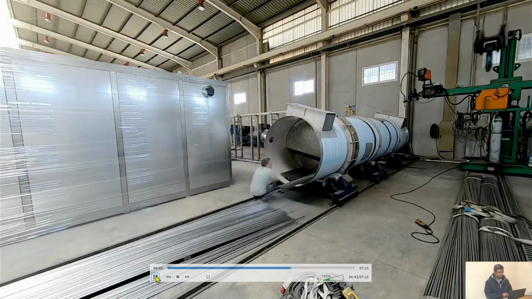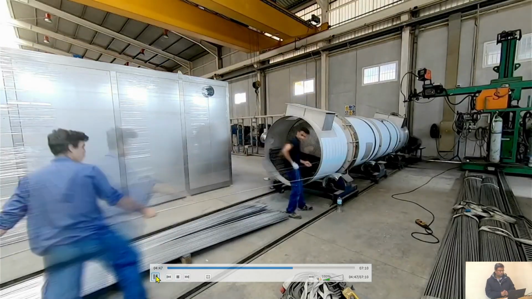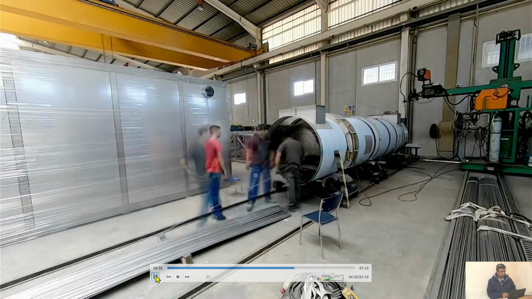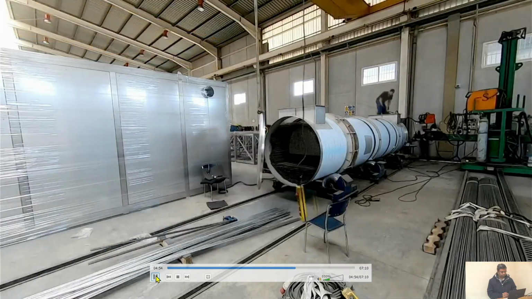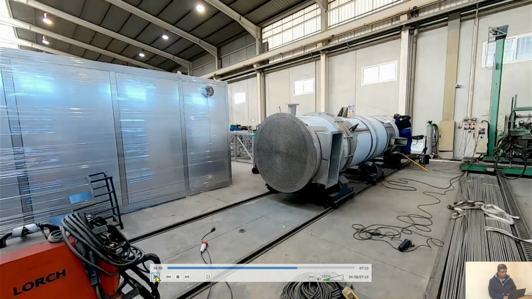The first tubes are inserted one by one. Only the first tube plate is welded at this time. Finishing of the second tube plate. Okay, so tubes have been inserted, and then you see this flange here.